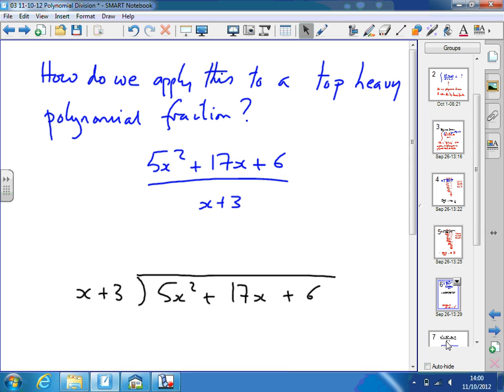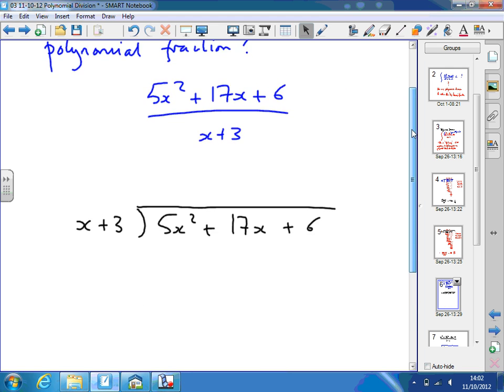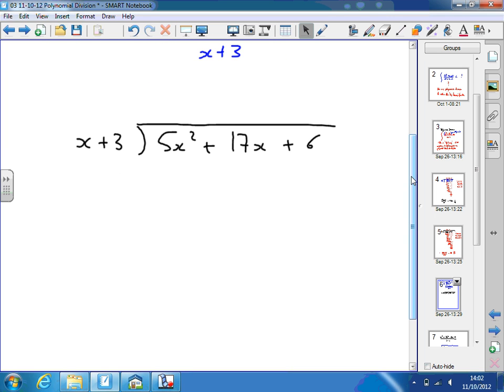Here's one, 5x squared plus 17x plus 6 over x plus 3. So I set it out exactly as I would a long division, x plus 3 into 5x squared plus 17x plus 6. So I'll let you just get that far. So in this polynomial division, we write it out as a division like this and then go through exactly the same process as we did before.